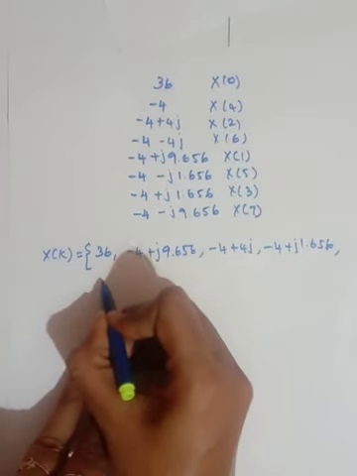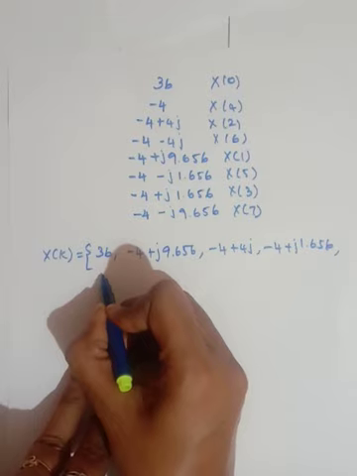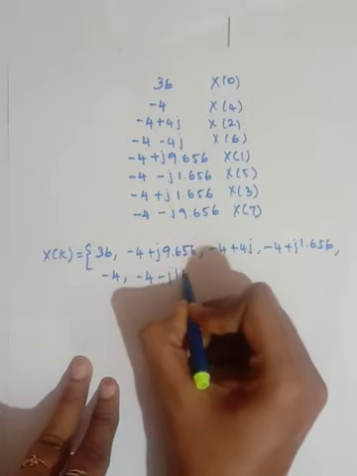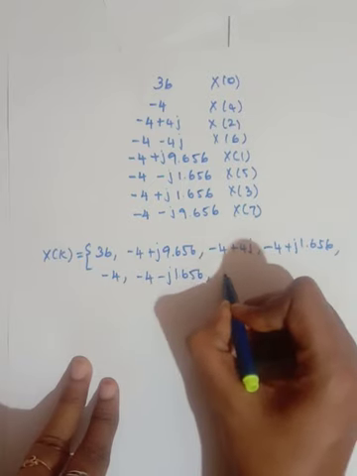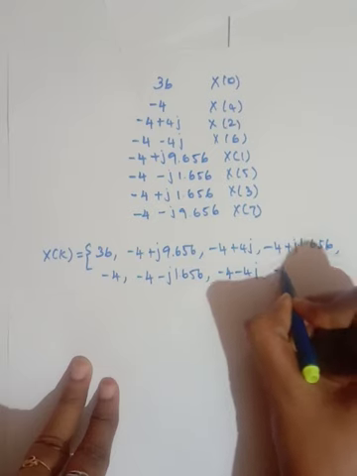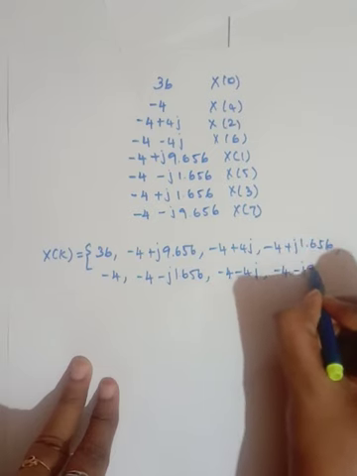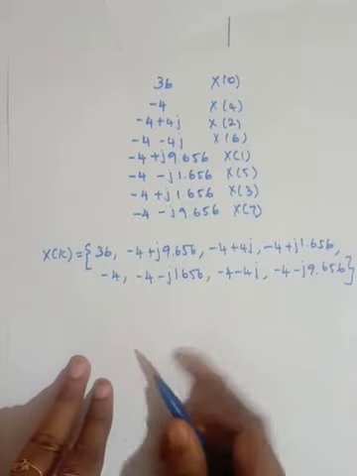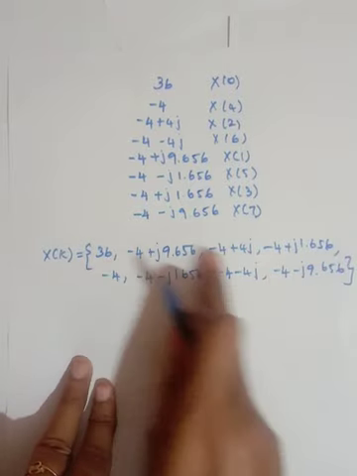Then x of 4 is minus 4, x of 5 is minus 4 minus j 1.656, x of 6 is minus 4 minus 4j, and x of 7 is minus 4 minus j 9.656.